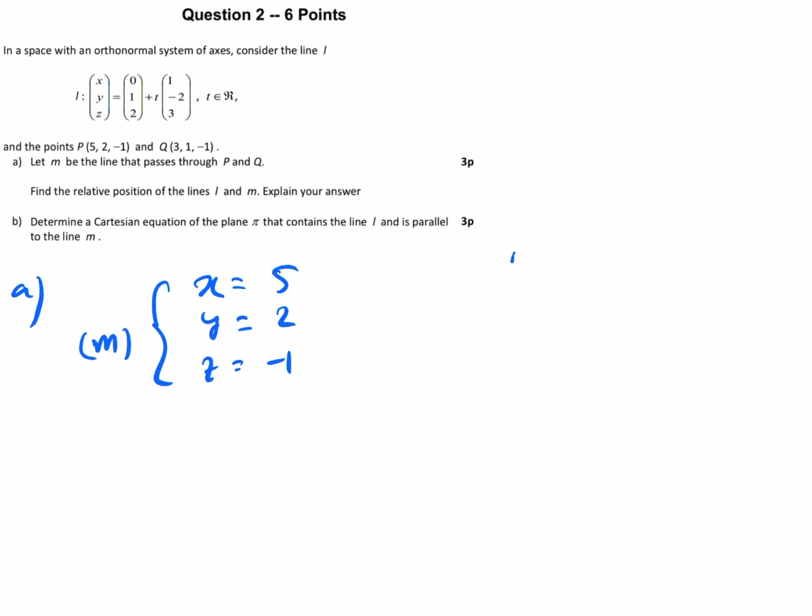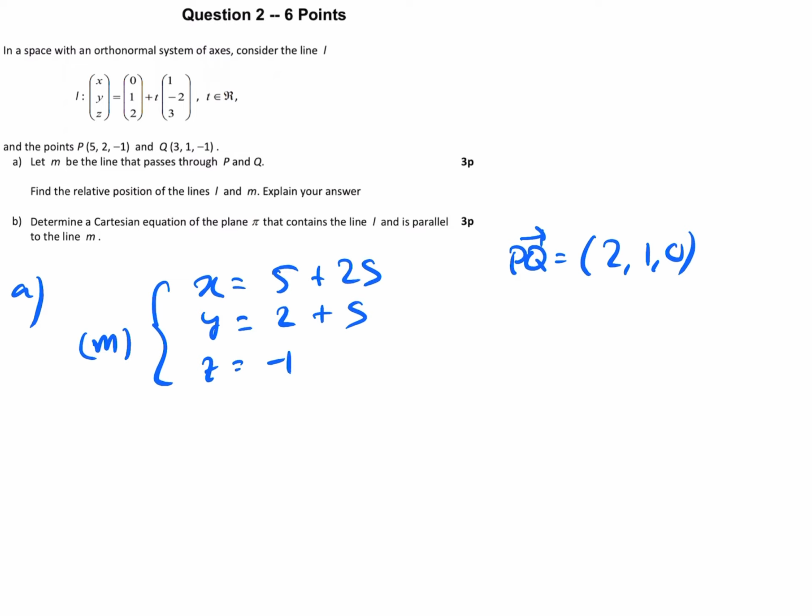But now we need to find the vector that goes from P to Q or from Q to P. That vector is 2, 1, 0 when we find it. So we just get plus 2s, plus s, and plus 0s, which is just z equal to negative 1.